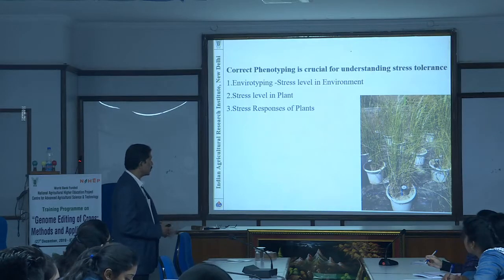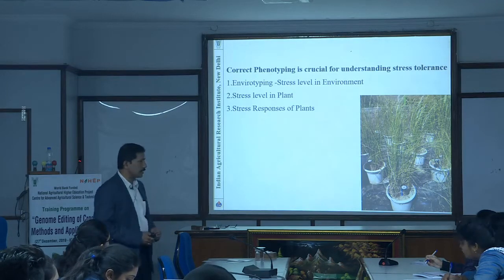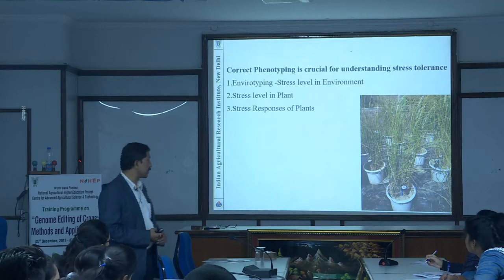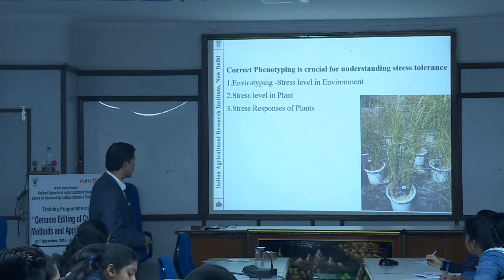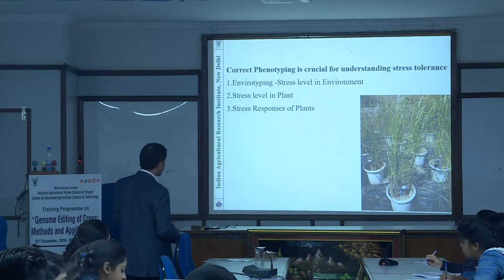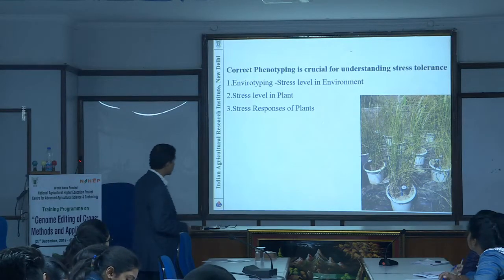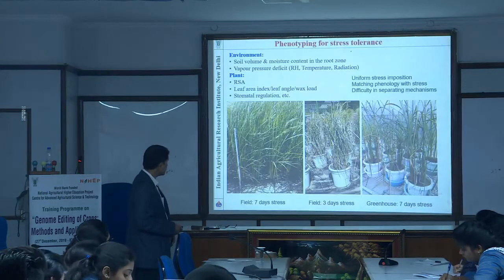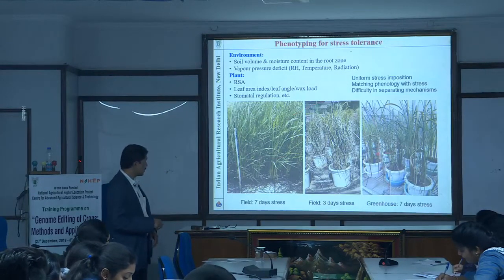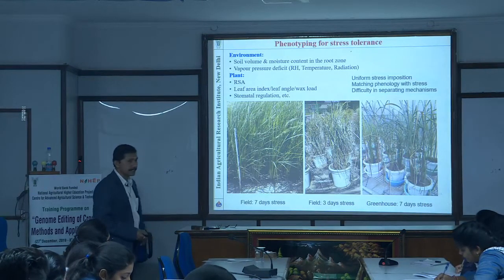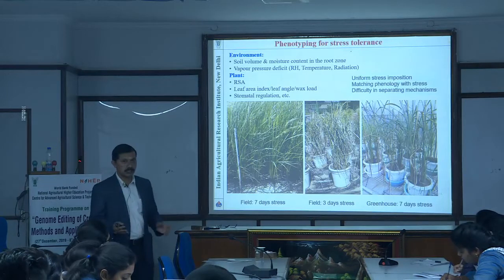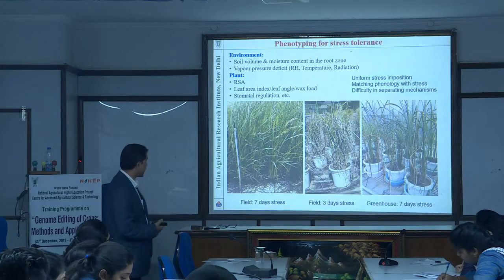Then when you want to deploy the gene in an environment or in a target population of environments where the genotype is going to be cultivated, that gene may or may not work. So that's why you have to measure all these three components. This is the way you phenotype and identify a gene that is going to be a candidate gene.